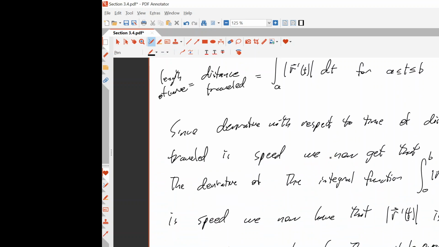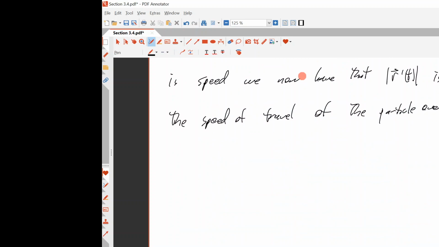And the derivative of distance traveled with respect to time is speed. So the derivative of the integral, which is this, is speed. So, in summary, the following make physical sense.